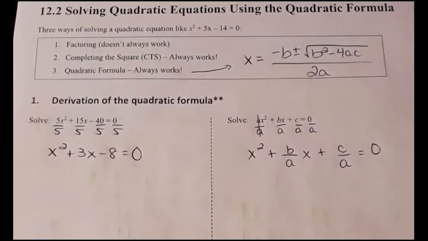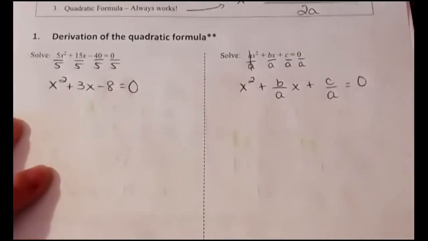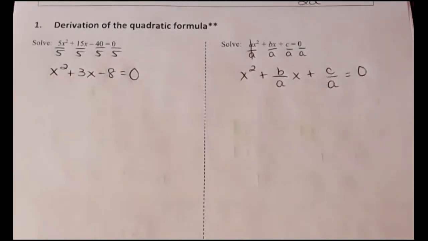Now, what's interesting is, we could essentially use completing the square to derive that quadratic formula, which might actually be pretty interesting to see. So I'm actually going to do that with you right now.